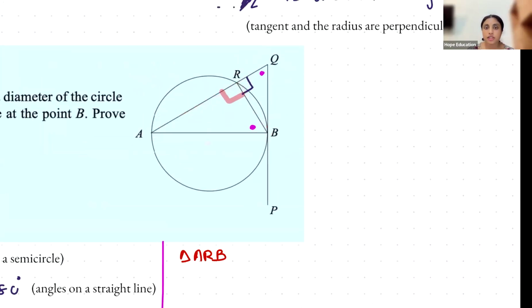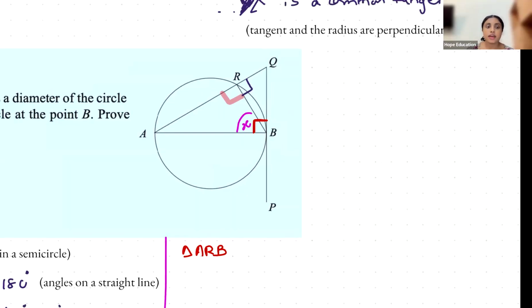Since QP is a tangent, this angle is a 90-degree angle. This is 90 degrees, right? I am going to do a small thing to make it easier. They are asking me to show that this is equal to this. I'm going to put x to this angle, and I'm going to see.